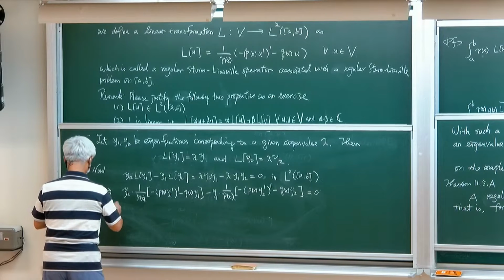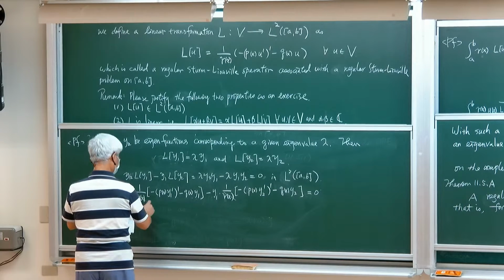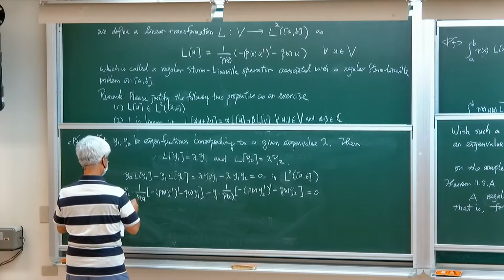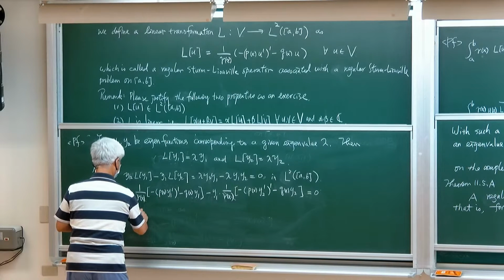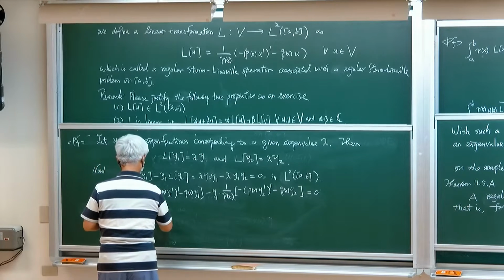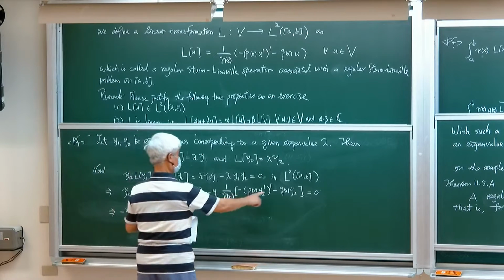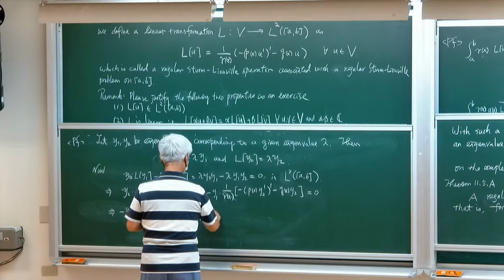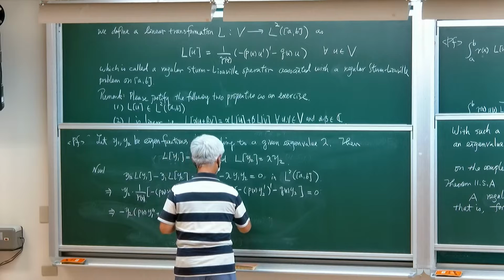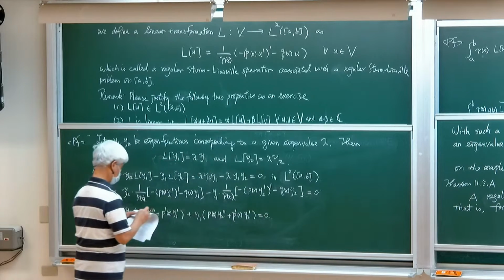So what we have would be y2 times minus P of x y1 double prime plus P prime of x y1 prime, and here we have plus y1 times P of x y2 double prime plus P prime of x y2 prime, equal to 0.